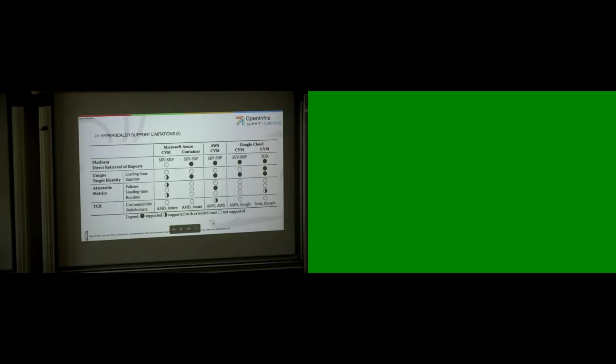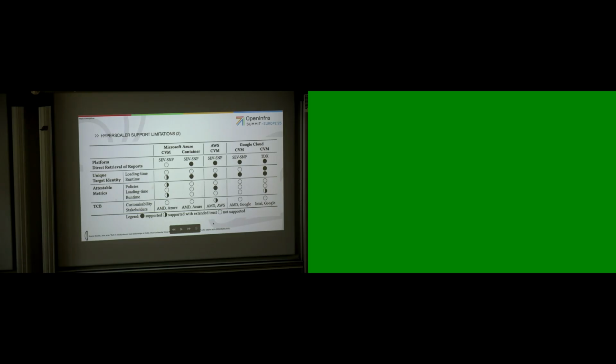There was another study that built on this. It was the same, about what can also be attested. Attestation is a protocol where you compare what you get with what you expect. And to know what to expect, you need to be able to pre-calculate that.